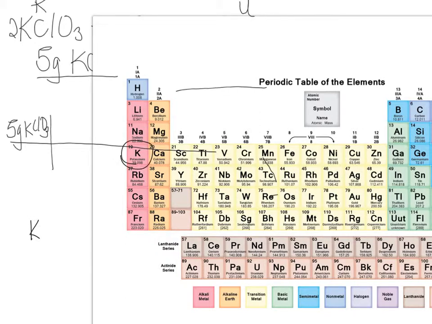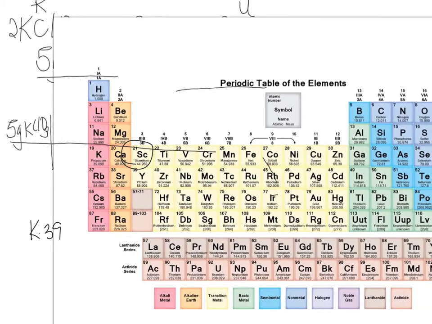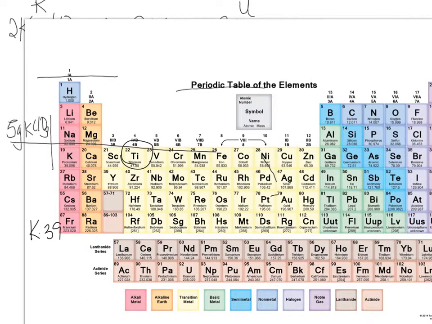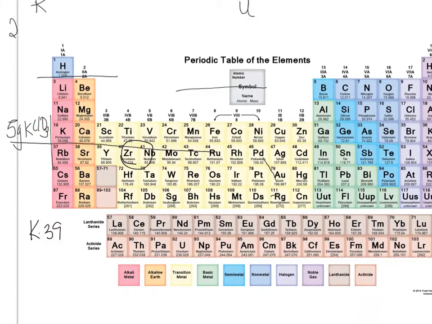K is 39. Cl is 35. And O, and I've got 3 of them in this compound, and oxygen is 16.